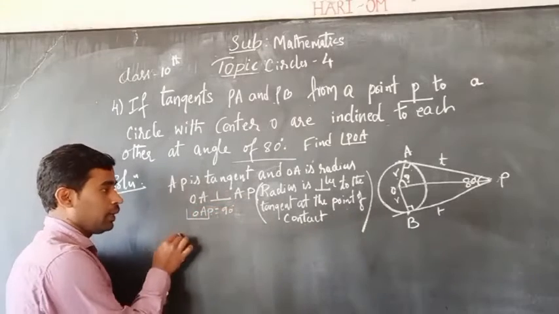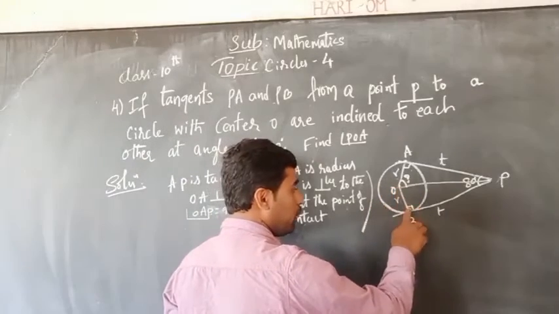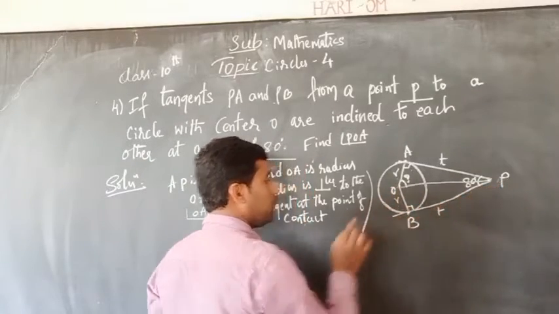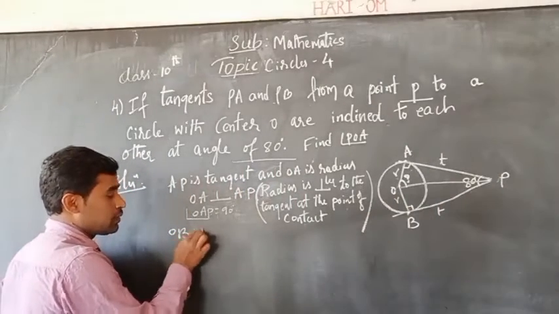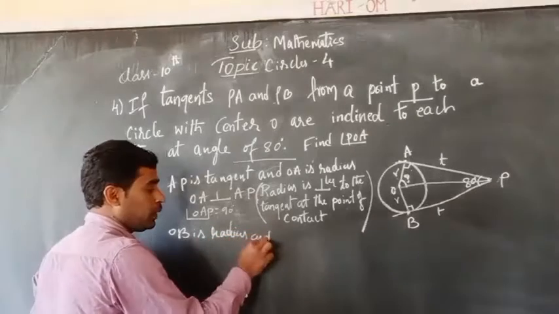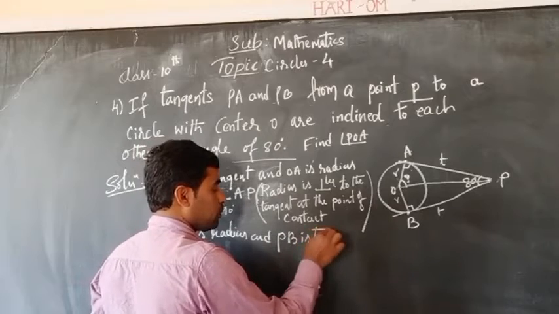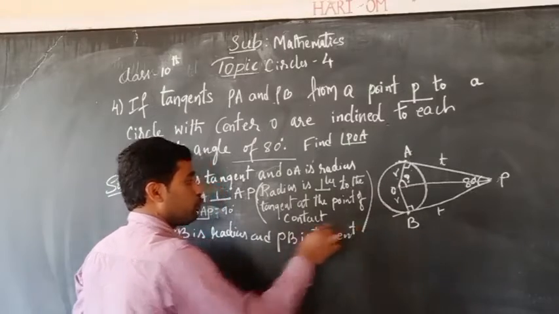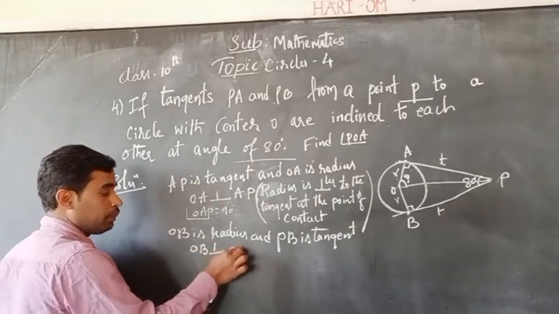Again, similarly, OB is perpendicular to BP. Now, OB is the radius and PB is the tangent. Therefore, OB is perpendicular to PB.